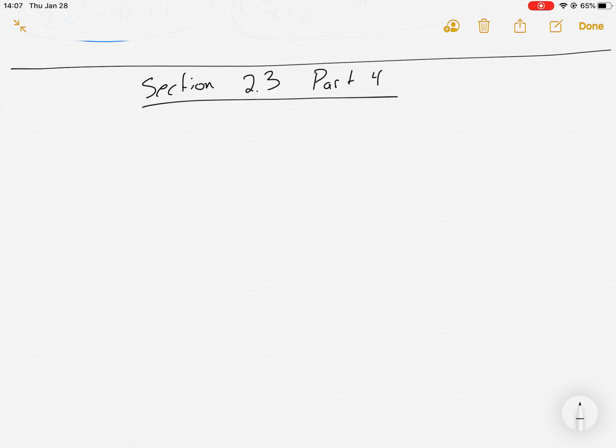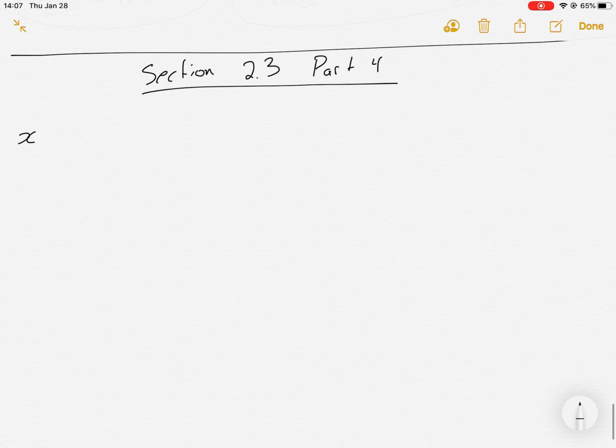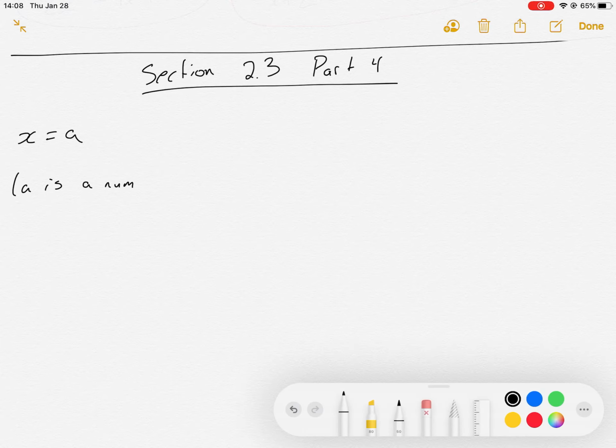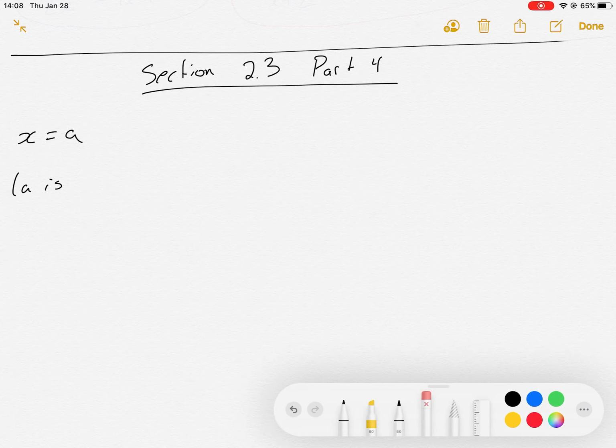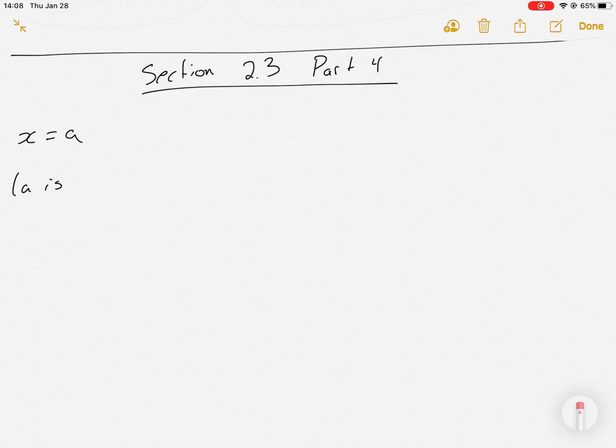Now, in order to do this, we first have to write down a couple of rules. So here's the first one. We're going to say that x equals a. So in this case, we're saying a is just some number. A is any number.